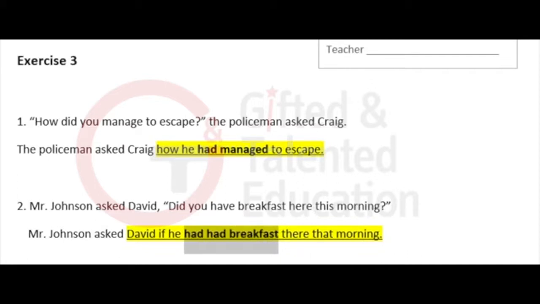Had had breakfast refers to the action of having breakfast that was carried out in the past, presented in the past perfect tense. Do also note this change: that morning.